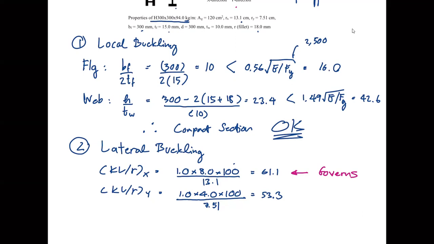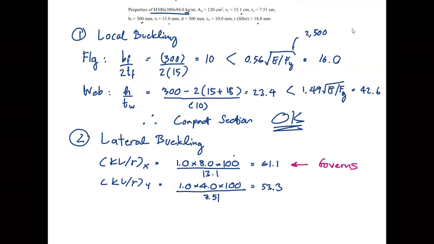Why? Because KL over r in the X direction is more slender than KL over r in the Y direction. So we now know that the slenderness ratio of 61.1 governs our design. It's the maximum value, so it's going to buckle there first.